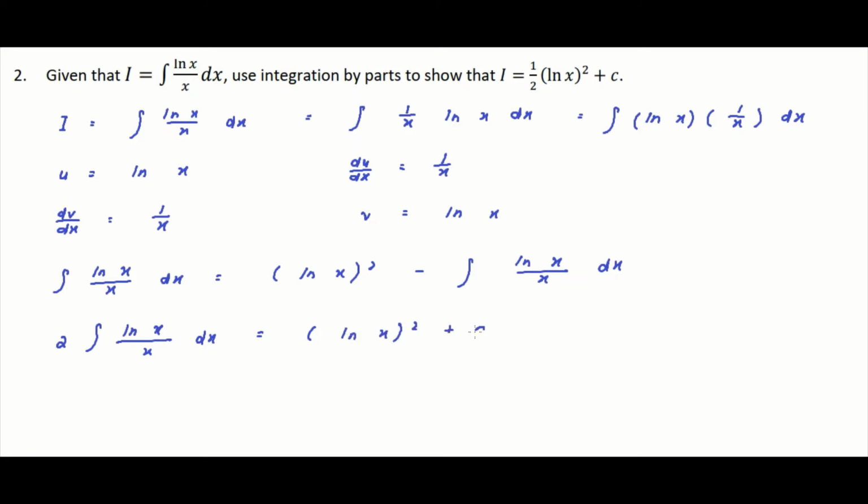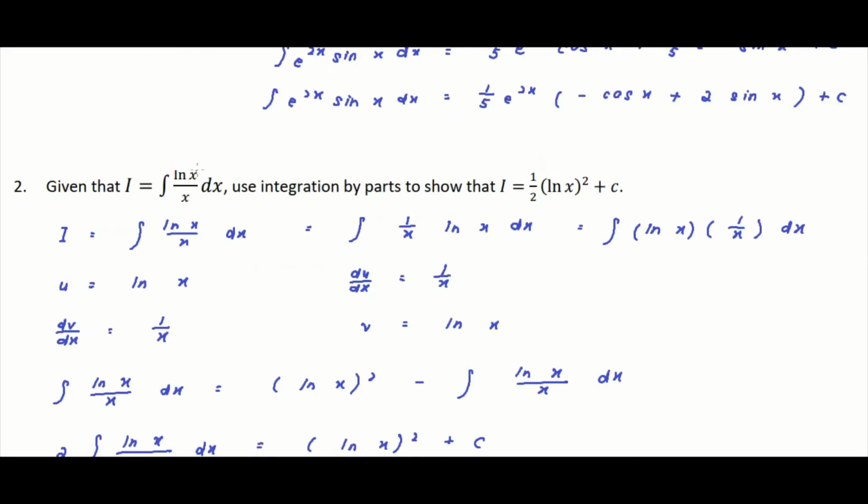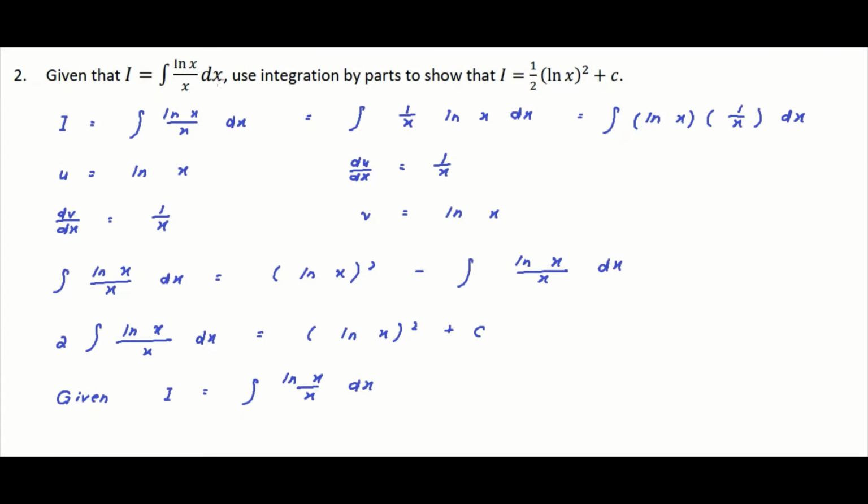So plus c. Okay, as you move on, given the question, I is equal to the integral of ln x over x, right? This is what is given in the question itself. So that's why we can just continue.